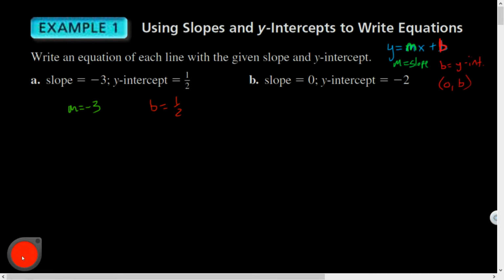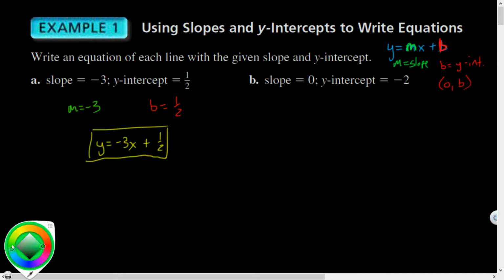Let's write the equation in y equals mx plus b. So this is going to be y equals -3x plus 1/2. We just solved that mystery. You're going to jail for a long time, you line equation, right?